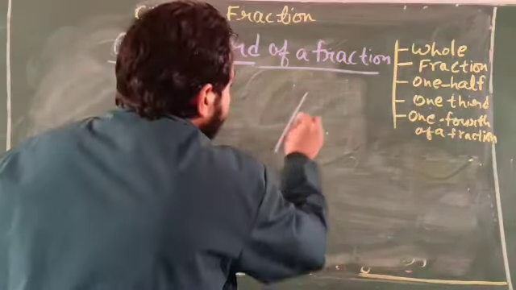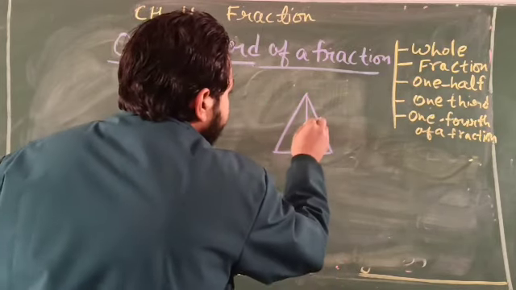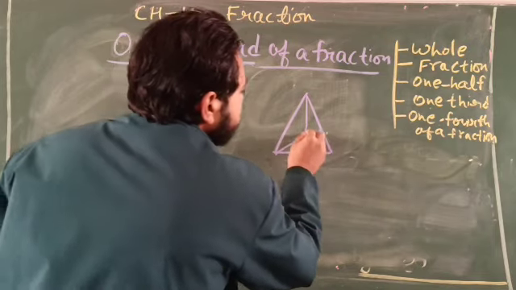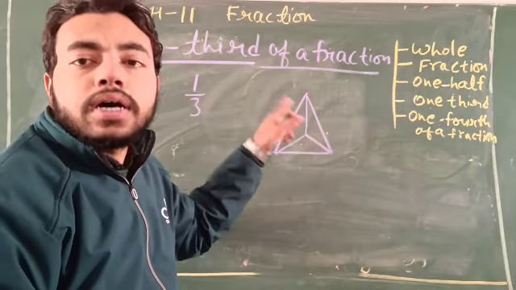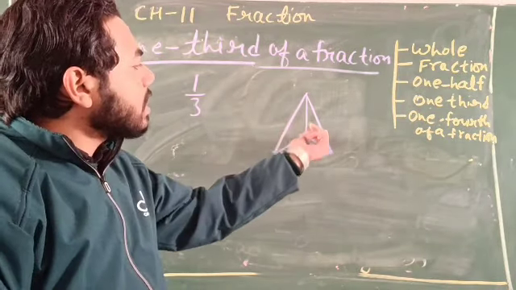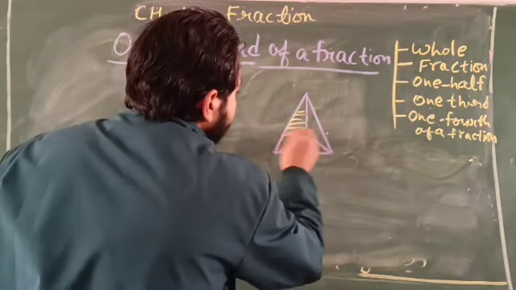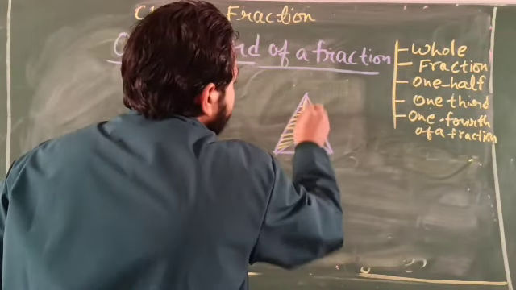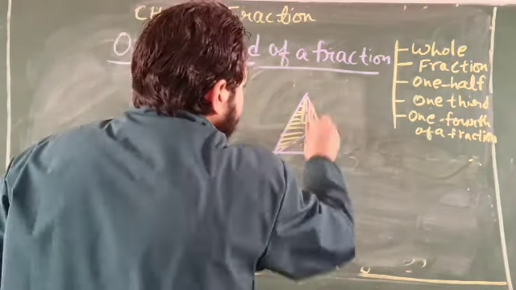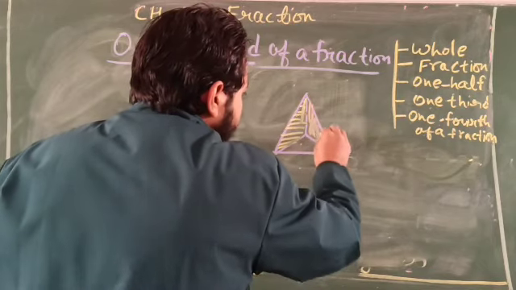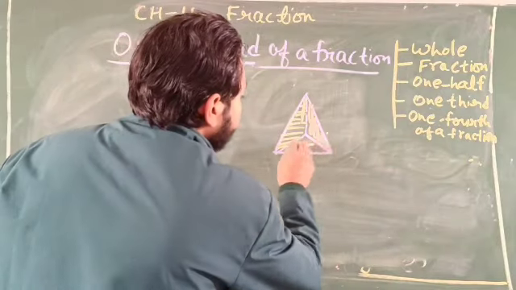Take the example of a triangle. When the triangle is divided into 3 equal parts, each part represents 1/3. That is the first part, that is the second part, and that is the third part.